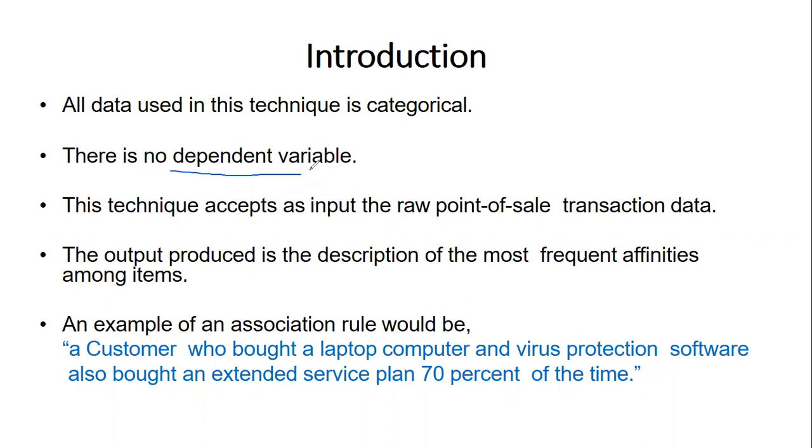So we had one concept called class label. That class label is not there in association rule analysis. This analysis does not have a dependent variable. It accepts input in the form of transaction data, and it will provide output in the form of a description of the most frequent affinity among the items.